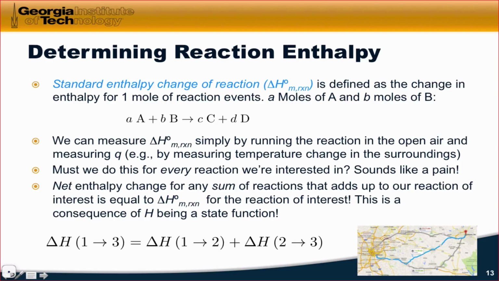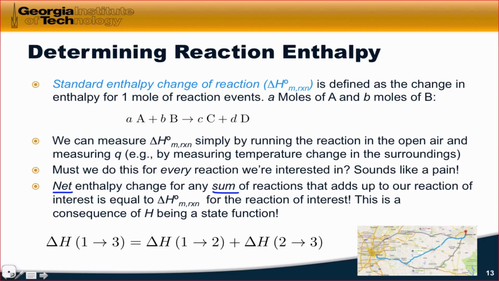Hess's law, in a slightly restated form using enthalpy, which is a state function, says that the net enthalpy change for any sum of reactions that adds up to our reaction of interest is equal to the enthalpy change for that reaction of interest.